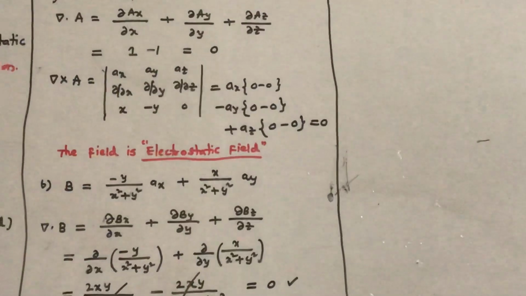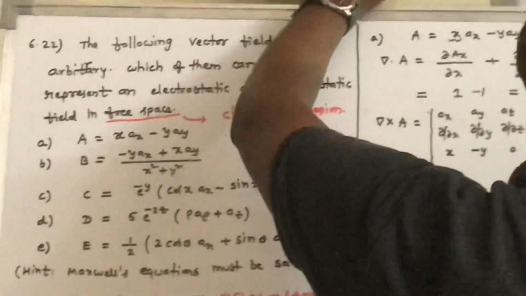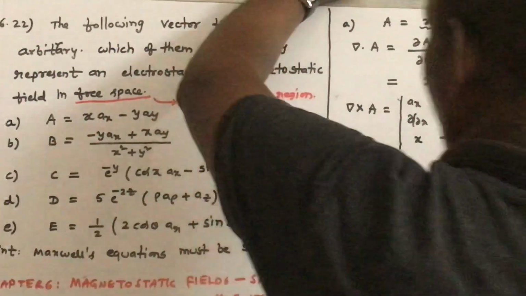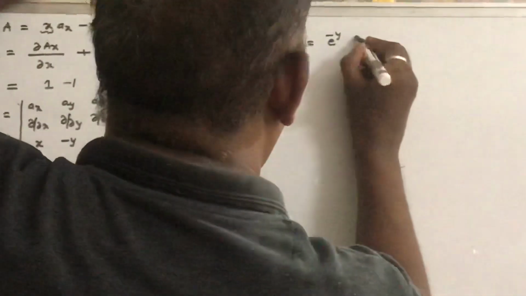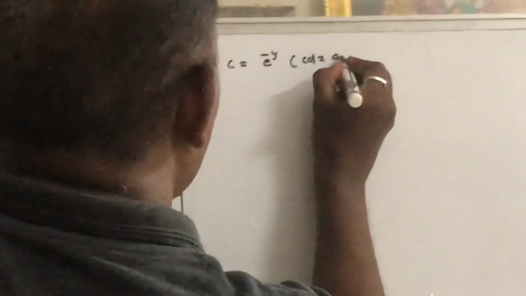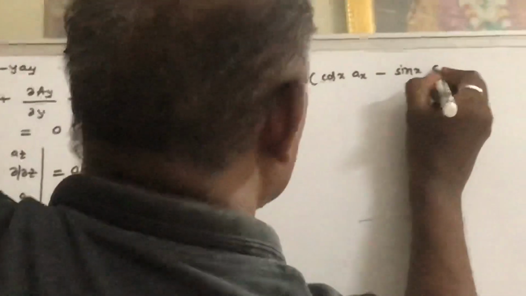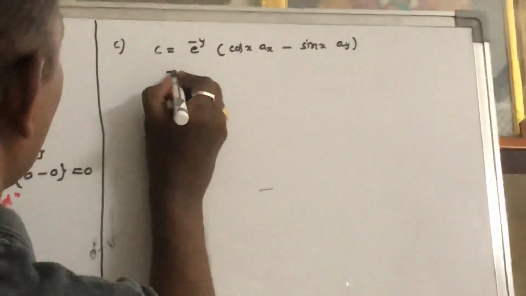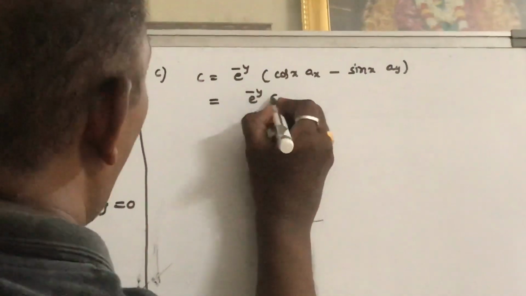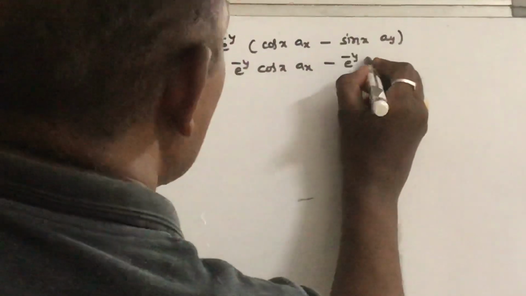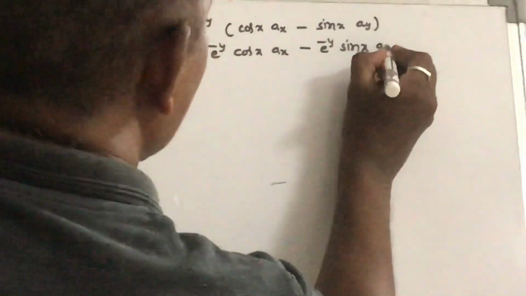Option C. What is option C given as? C is equal to e power minus y into cos x ax minus sin x ay. Let us separate these terms: e power minus y cos x ax minus e power minus y sin x ay.